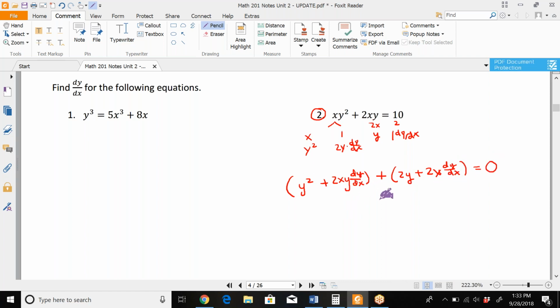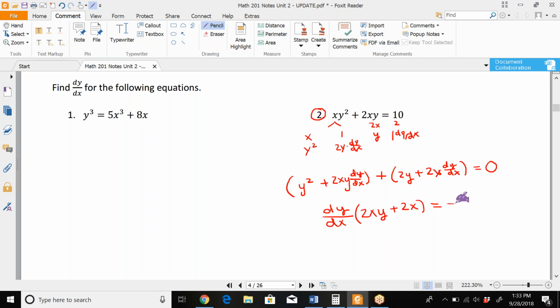So we want to move anything that doesn't have dy dx to the other side, and we're going to keep the ones that do have dy dx over here. And I'm going to go ahead and pre-factor that out. So if we leave the dy dx's on this side, you'll get a 2xy plus a 2x that are both left over with a dy dx times both of them. So I kind of pre-factored that out.